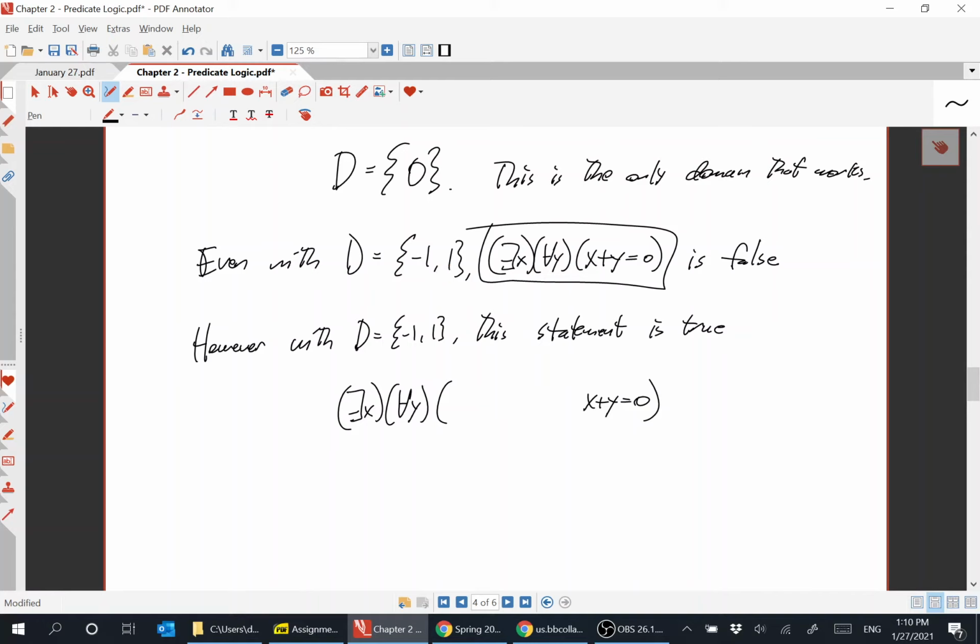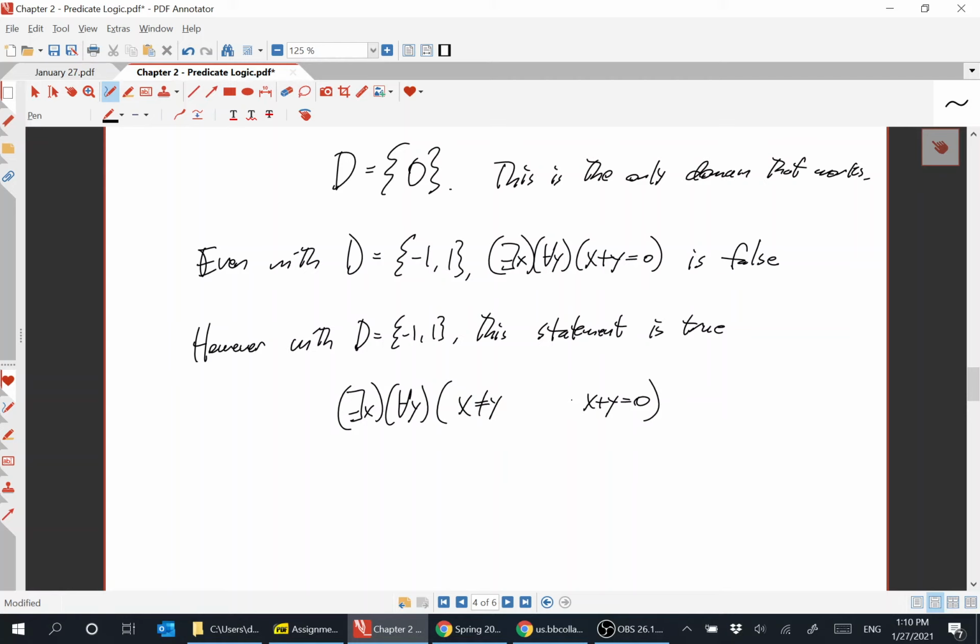That's the only trouble with this domain. So how can I fix it? How can I get rid of the possibility that x equals y? I just need to state it, literally. But how do we state it? There exists an x such that for every y, if... Can you just put x does not equal y, like the equals with the slash?